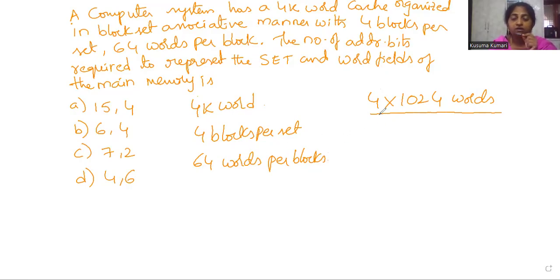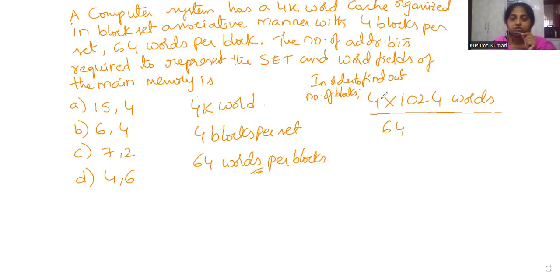That means we are trying to find out the total number of blocks. In order to find out the number of blocks, it is 4 into 1024 words, and 64 words per block.